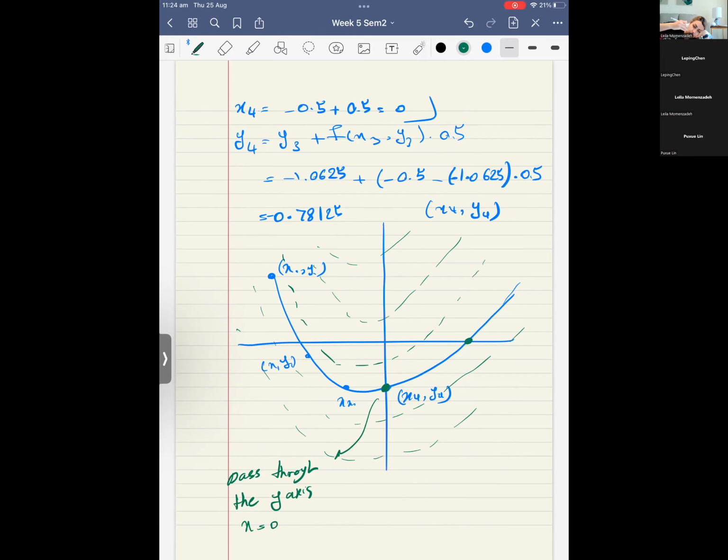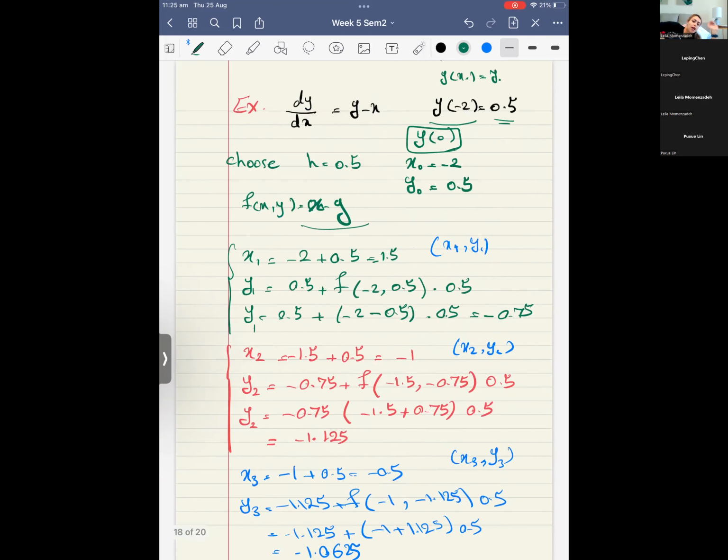And if you keep going to find this point, it passes through the x-axis. It means y equals 0. And when you add those points together, you can plot the graph. This is Euler's method.